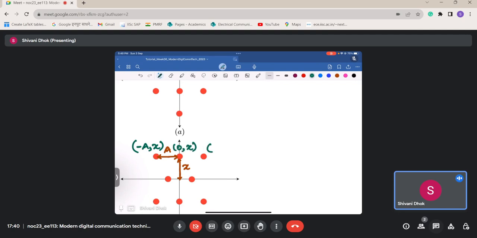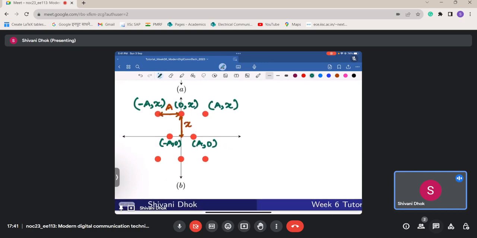The coordinate of this point will be a comma x. The coordinate of this point will be minus a comma 0. Coordinate of this point will be a comma 0. Then coordinate of this point will be minus a comma minus x. This is 0 comma minus x, and this is a comma minus x.